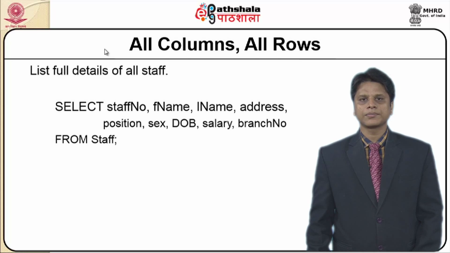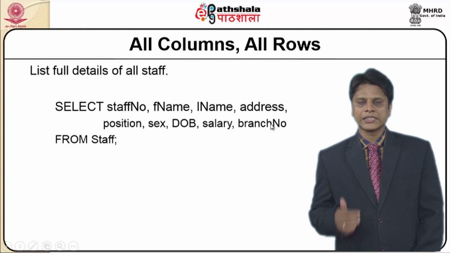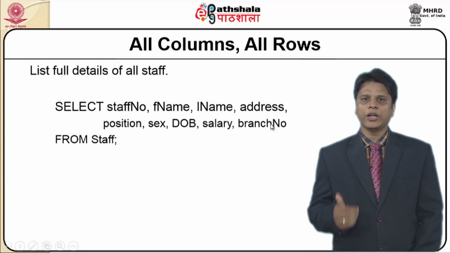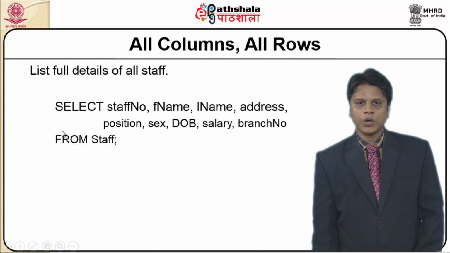In that case, I will write the syntax as SELECT staff number, first name, last name, address, position, sex, date of birth, salary, branch number. This is part of the extension that we carried out during our previous session. This was the table that I considered during the previous session, and the query should also indicate from which table.